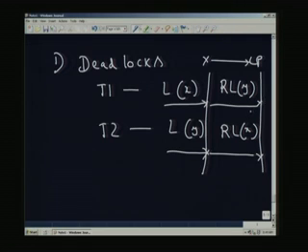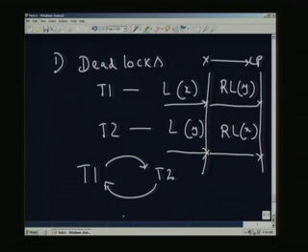Unless they reach the lock point, there is no way they are going to release these locks. So, T1 is waiting for T2 to release a lock, and T2 is waiting for T1 to release a lock, and both will keep on waiting for each other because they are in a continuous loop. This in effect means that there is a deadlock, because neither of them will be able to proceed any further.